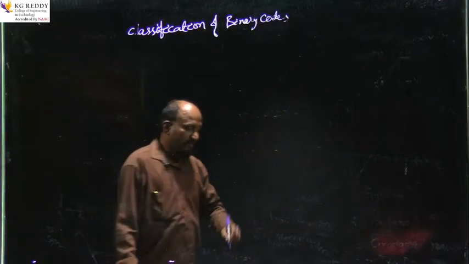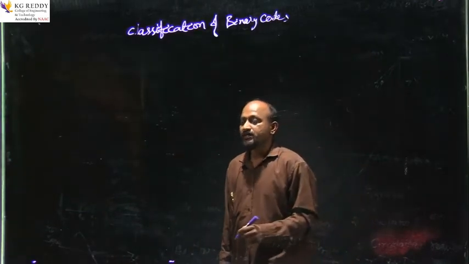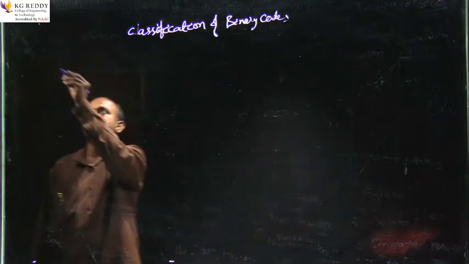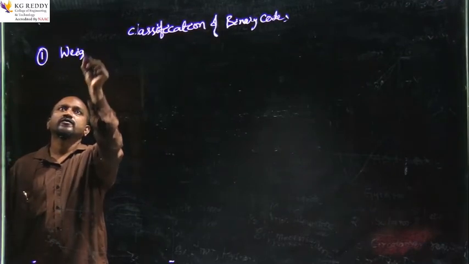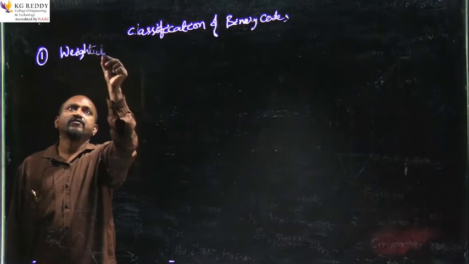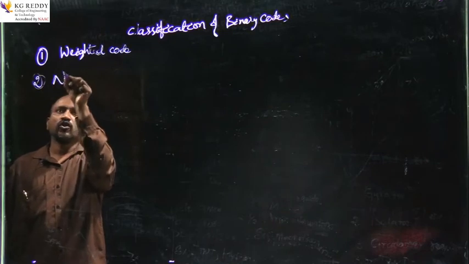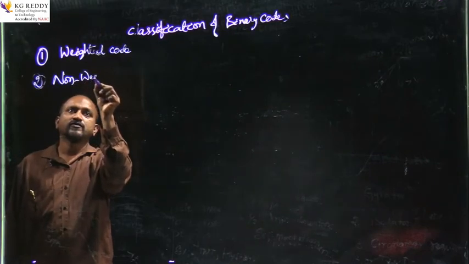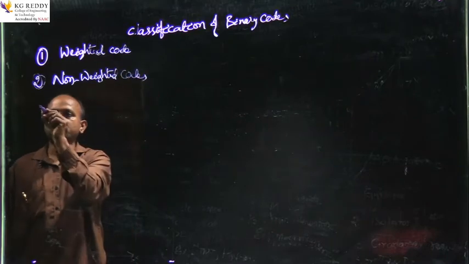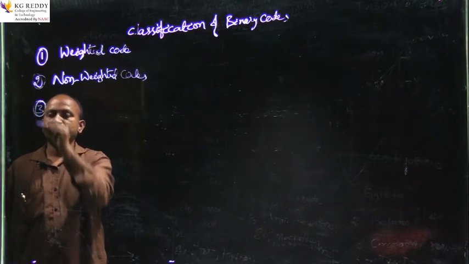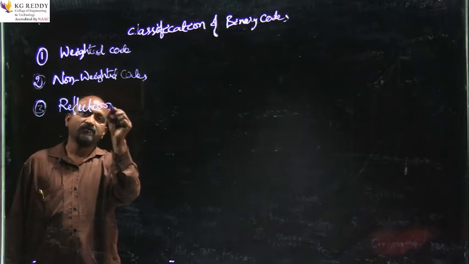Here we have six types of binary codes which are very important. First one is weighted code. Second one is non-weighted code. Third one is reflective code, or reflection code.